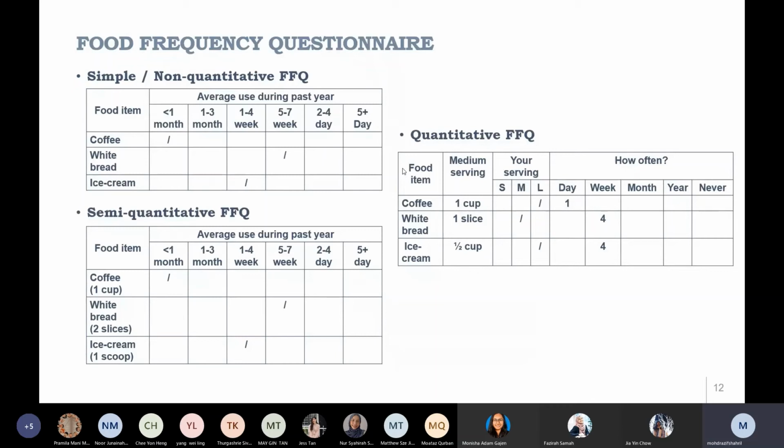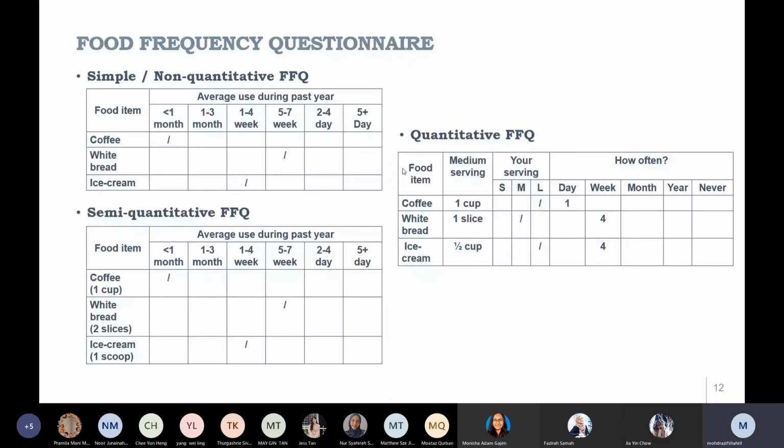And sometimes when we ask how often, we must tell the respondents that they must write down the numbers, because it looks similar for all the boxes. They just tick right in the column for how often.